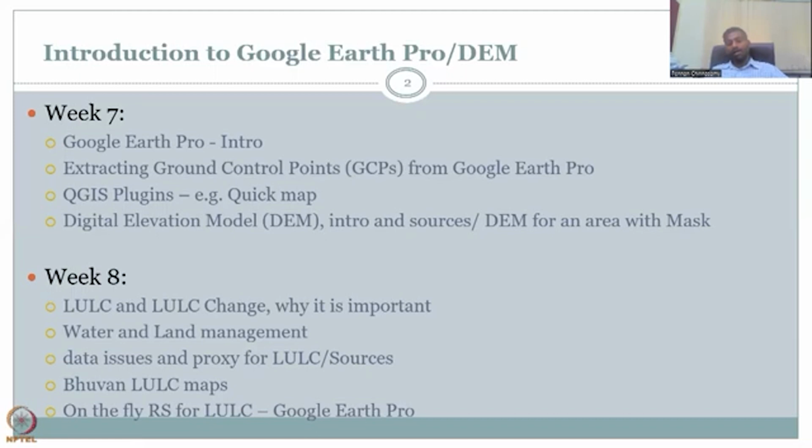And then we will identify some proxy data that can be used for land use, land cover estimations, especially remote sensing, because this course is about remote sensing. The key remote sensing sources include Bhuvan LULC maps, and there are also NASA-based USGS LULC maps.